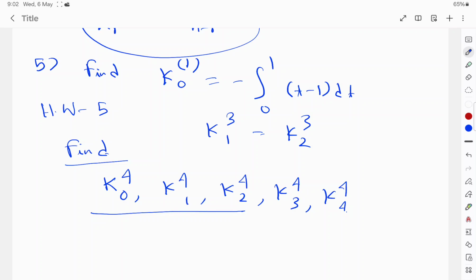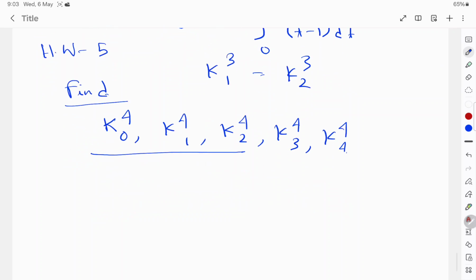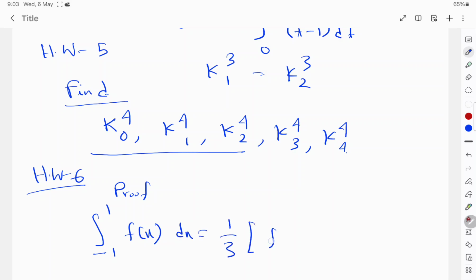One more homework I am giving you. Just have a look. Homework 6: prove that the integral from -1 to 1 of f(x) dx equals 1 by 3 times f(-1) plus 4 f(0) plus f(1).